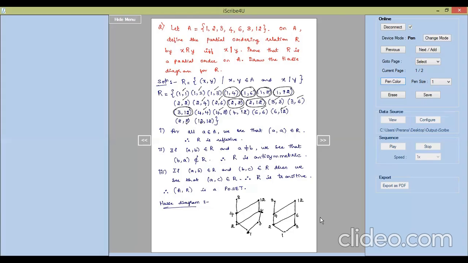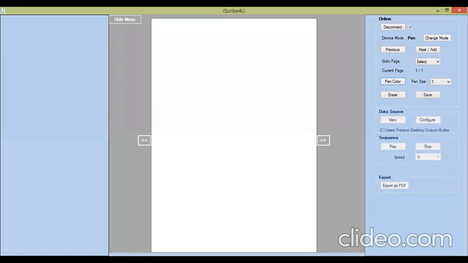So this is the required Hasse diagram for us. Hope you understood this problem. We'll see the third problem now.